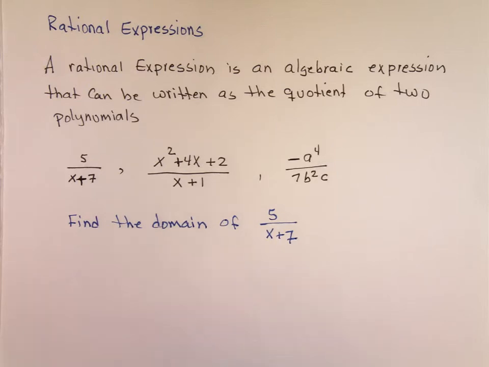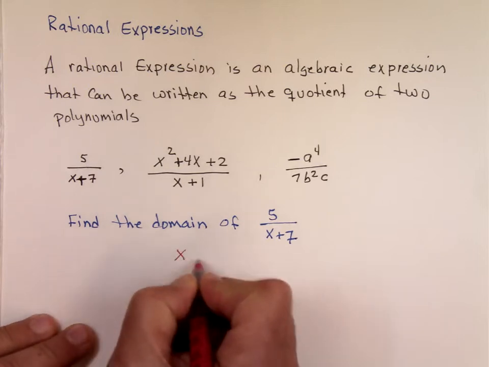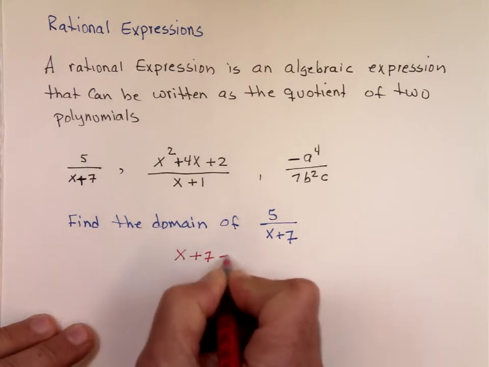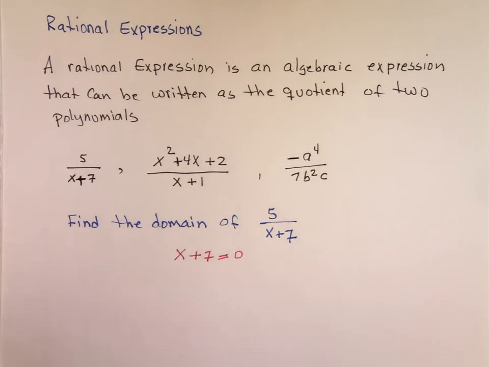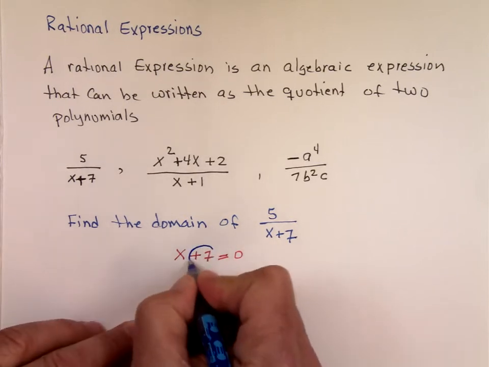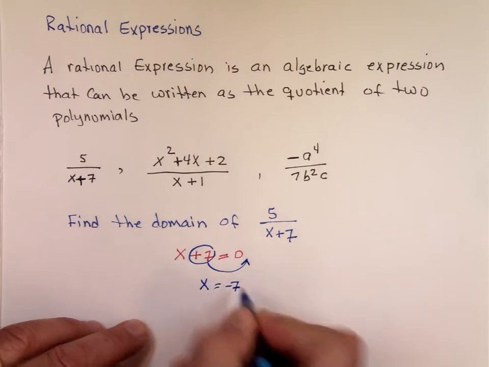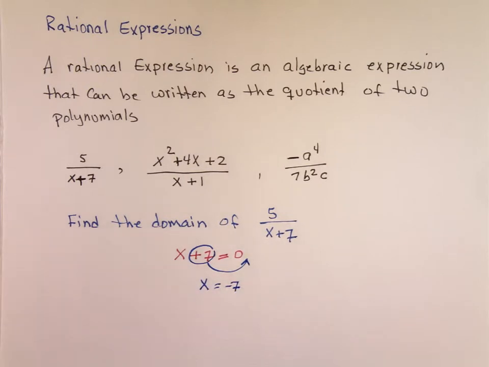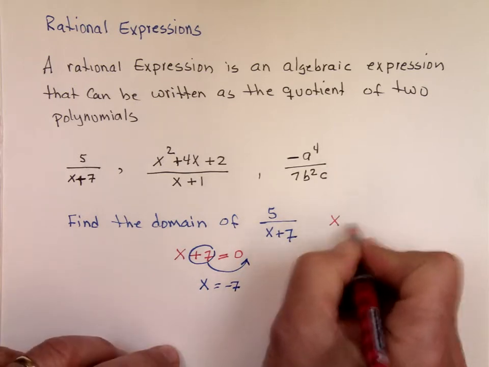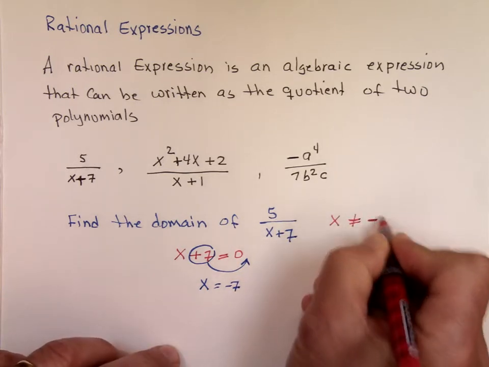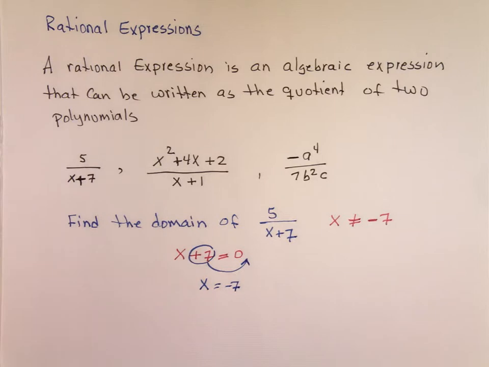The only time that you will not have an answer to a fraction is when the denominator is 0. So if we take the bottom and set it equal to 0 and solve it, remember, change side, change sign, take that plus 7 to that side, x equals negative 7. So my domain for this problem is x does not equal negative 7. It can't be negative 7.